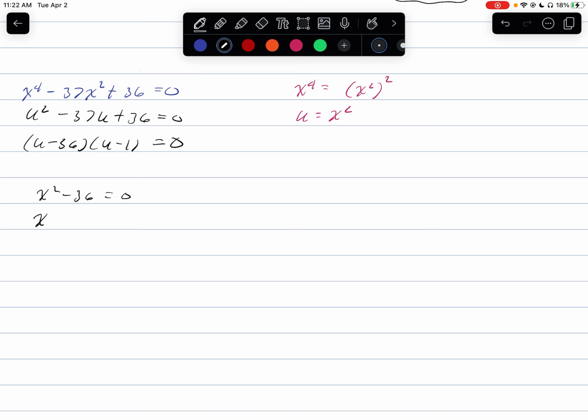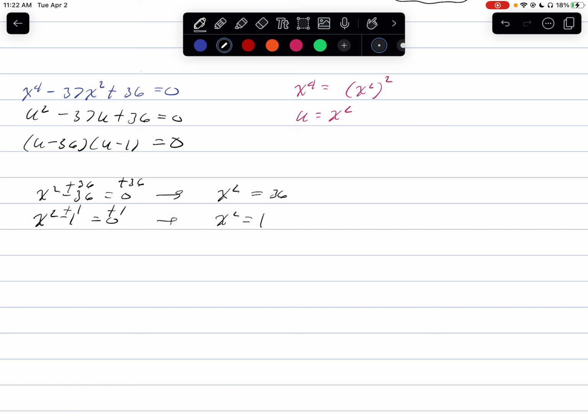And we have x squared minus 1 is equal to 0. So now if we add 36 to both sides, we get x squared is equal to 36. And here, if we add 1 to both sides, we get x squared is equal to 1.